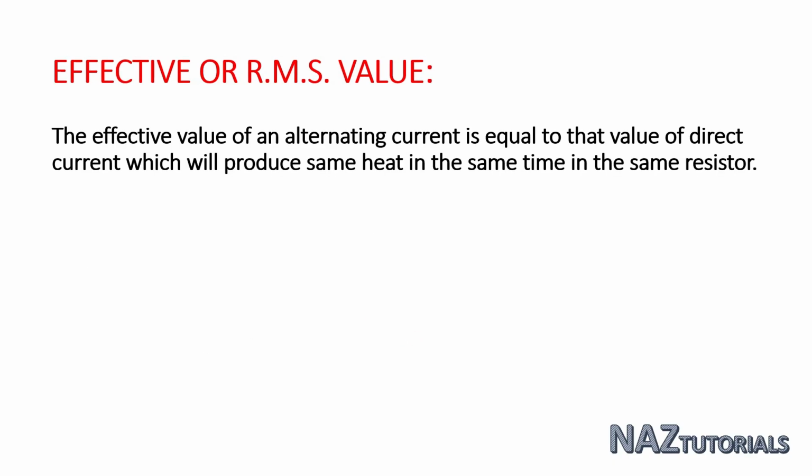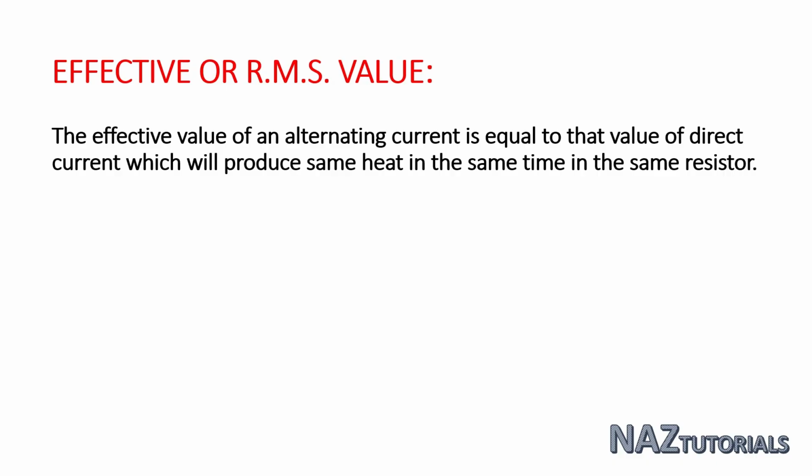Let's analyze the effective or RMS value of an alternating waveform. If you analyze a sinusoidal waveform, our supply voltage, our 230 volt voltage, that is our RMS value, the root mean square value. So why do we define AC in RMS values?